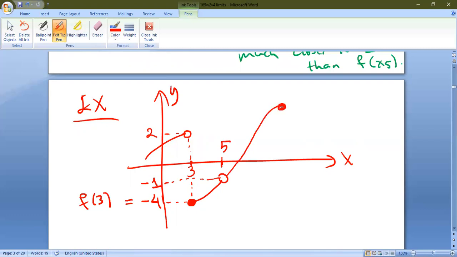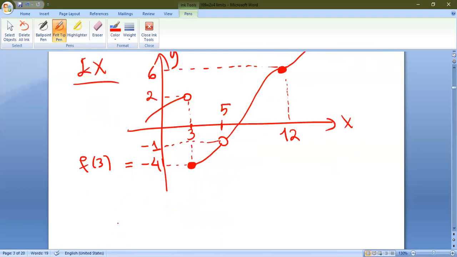Let's say this is a full circle and it keeps going like this. Let's give numbers here. Let's say this is 12, and let's say this value is 6.